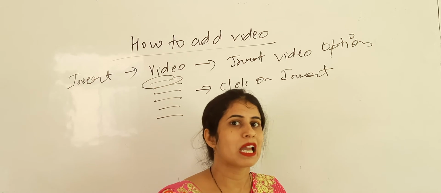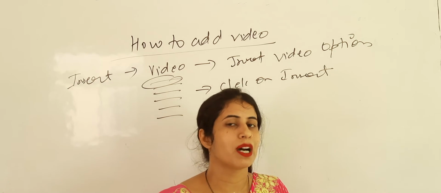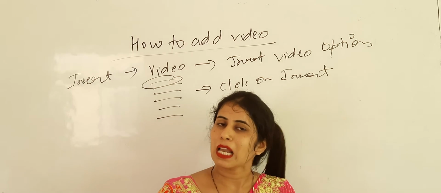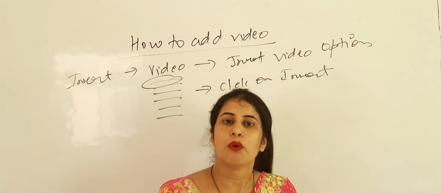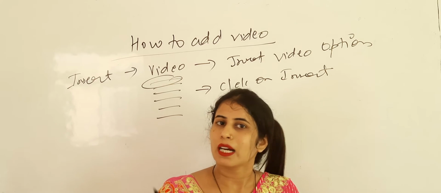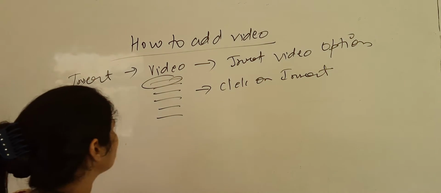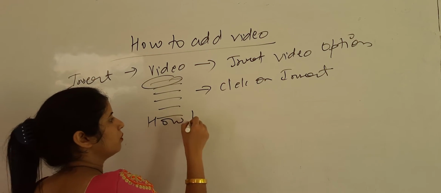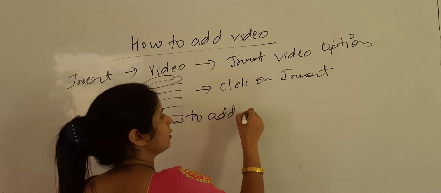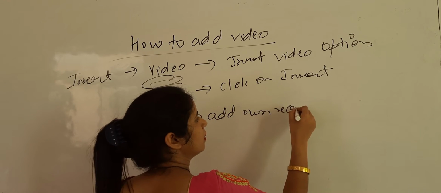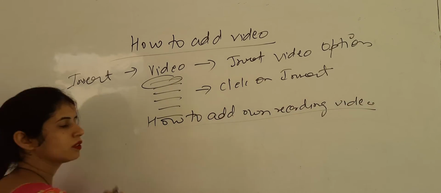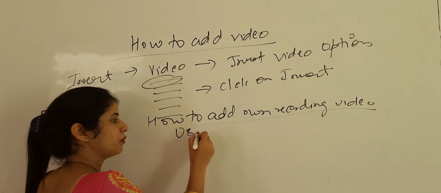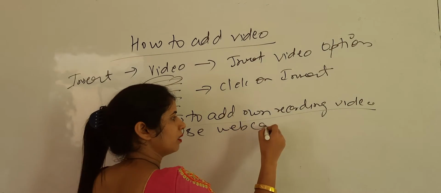The web camera has to be attached to our computer, and with its help we are able to add our own recorded video in our presentation. How to add own recorded video? First, you have to use the web cam.